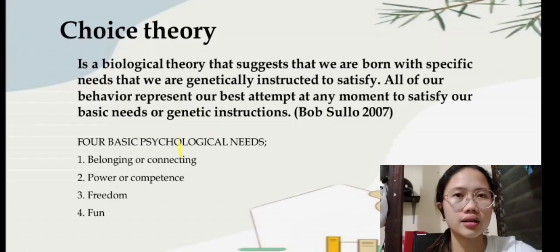Choice theory is a biological theory that suggests that we are born with specific needs that we are genetically instructed to satisfy. All of our behavior represents our best attempt at any moment to satisfy our basic needs or genetic instructions, by Bob Solio 2007.